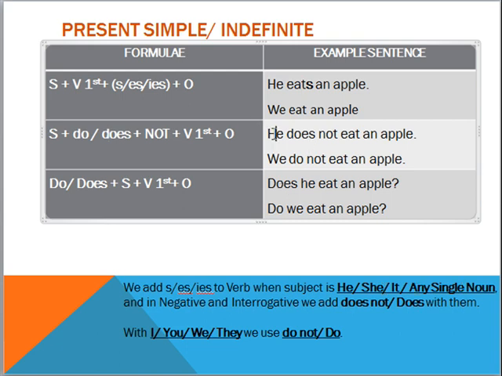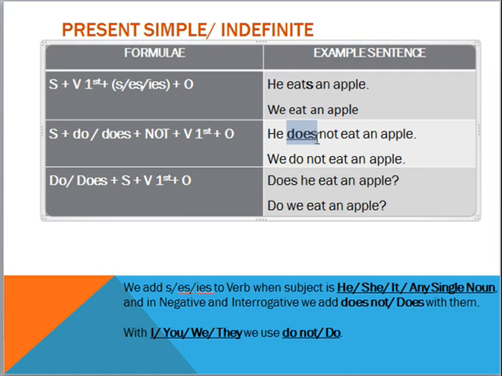Examples are: he does not eat an apple, and we do not eat an apple.